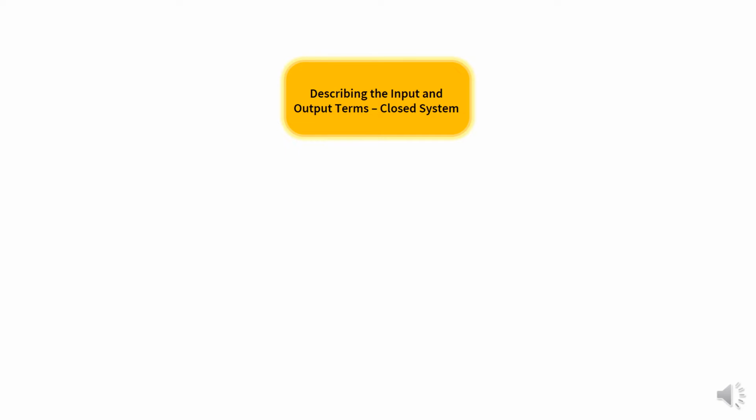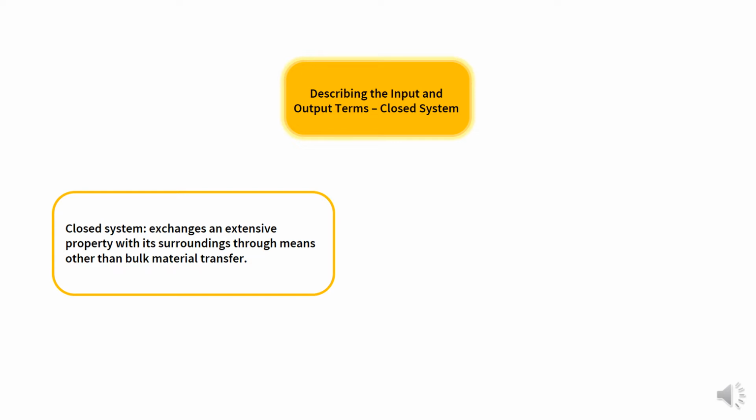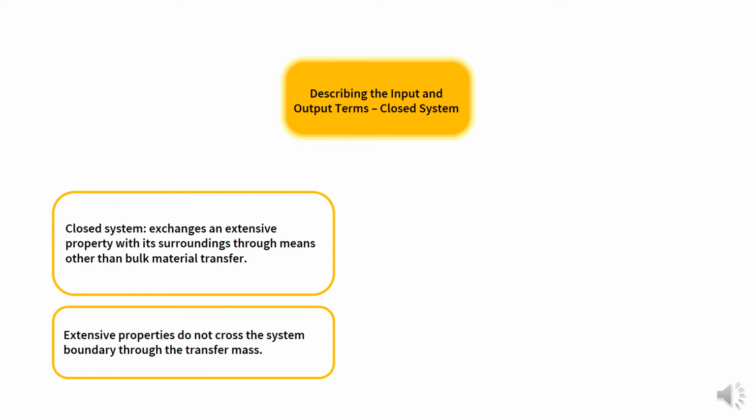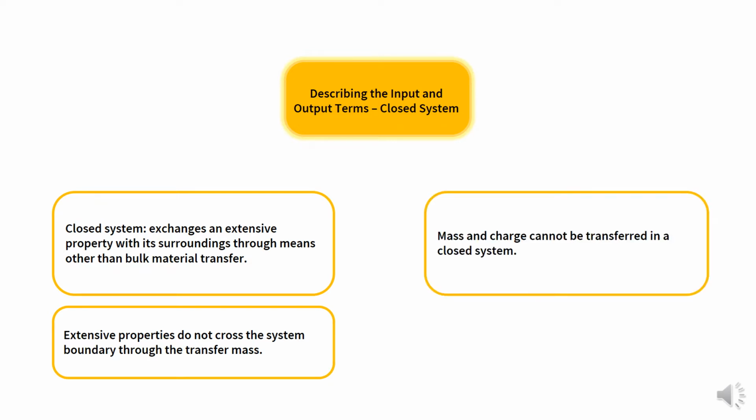A closed system is one that exchanges an extensive property with its surroundings through means other than bulk material transfer. In a closed system, extensive properties do not cross the system boundary through the transfer of mass. By definition, mass and charge cannot be transferred in a closed system.